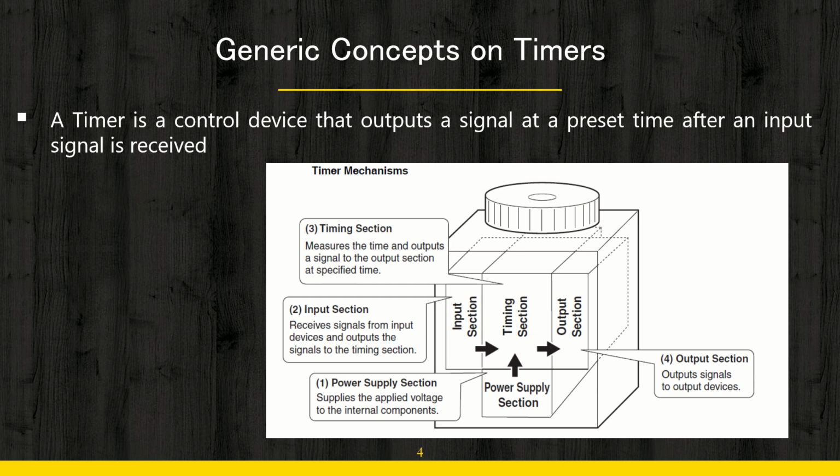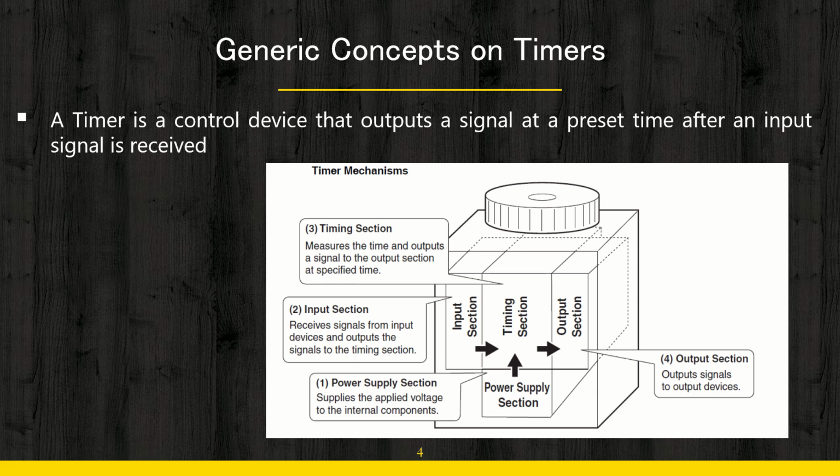Input signal means that we are talking of a triggering. When the timer is externally triggered, it starts counting the time. So how much time should it count? It should count a preset time. So that preset time you have fed to the timer.